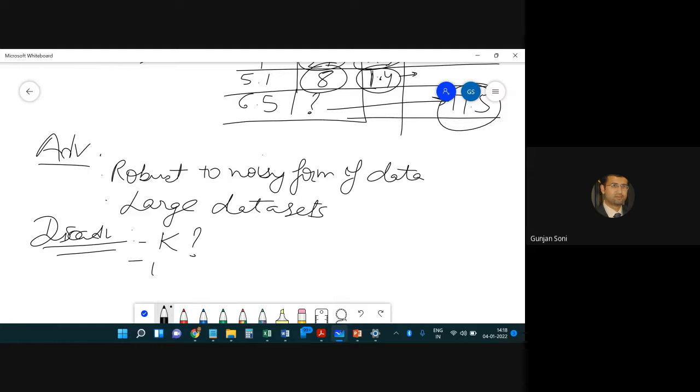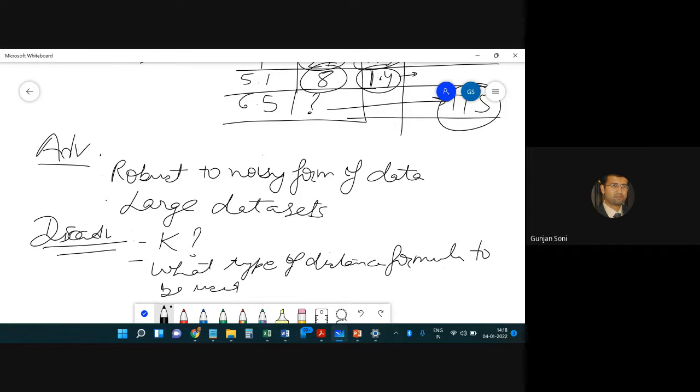And what type of distance formula to be used? That is another problem in this. You have to really understand the data.